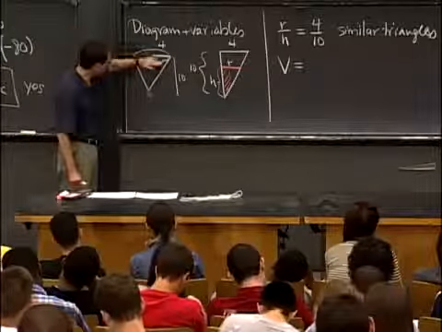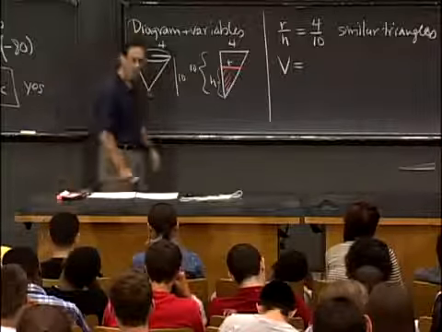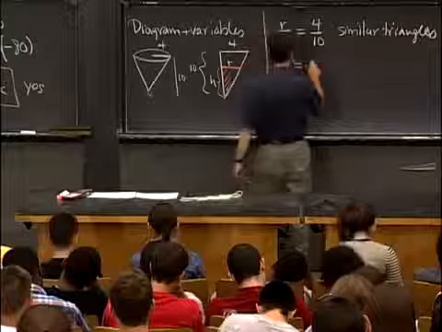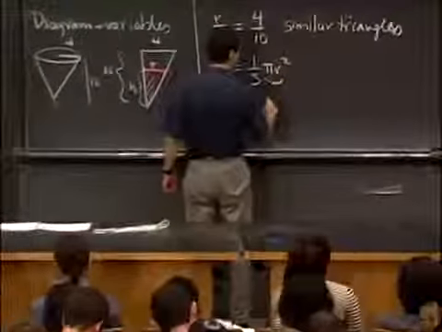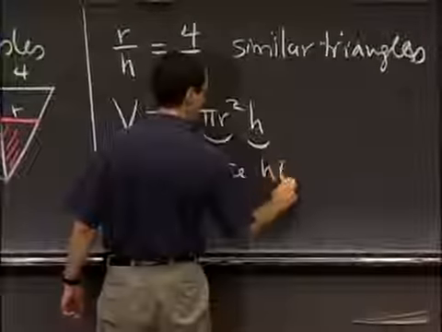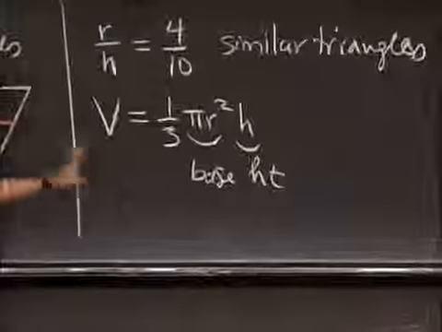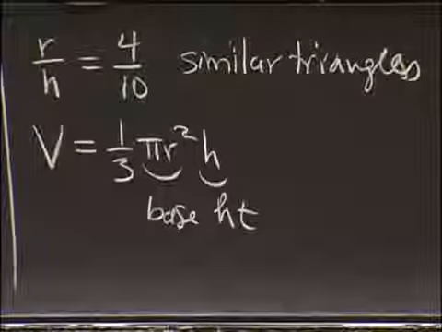Now this one is upside down. The base is on the top, and it's going down, but it works the same way. That doesn't affect volume. So it's 1/3, and the base is pi r squared. That's the base, and times h, which is the height. All right, so this is the setup for this problem.